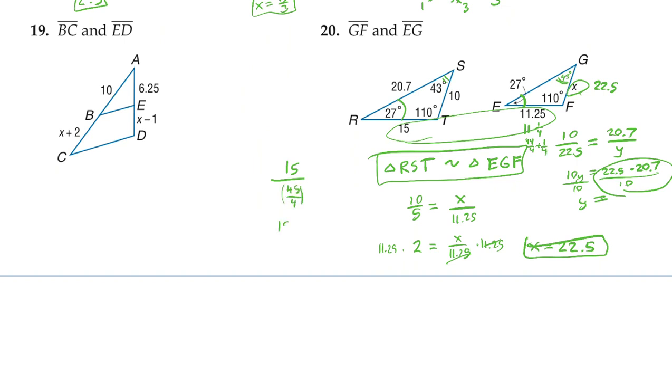And so 15 divided by 45 fourths is the same as 15 over 1 times 4 over 45. And then we just cancel these and we go, well, 15 goes into both, 1 time here, 3 times here, and we get a 4 to 3 ratio. So this is a 4 to 3 scale factor. And you could always double check that by plugging that back in.